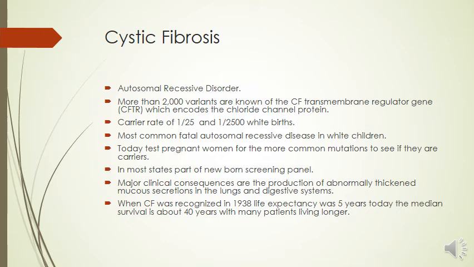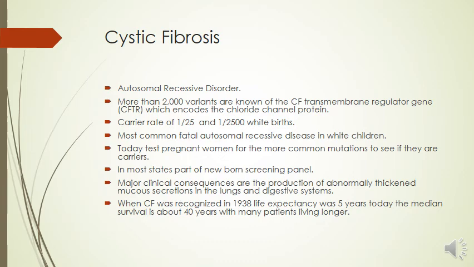It is not as common in the Asian population nor in the African American population in the United States. It is actually the most common fatal autosomal recessive disease in white children. Today, we test pregnant women for the more common mutations to see if they are carriers, and in most states it's part of the newborn screening panel.